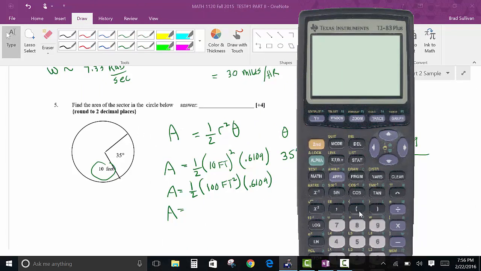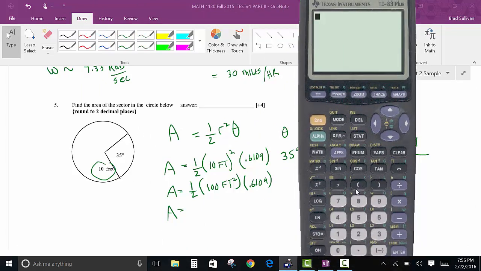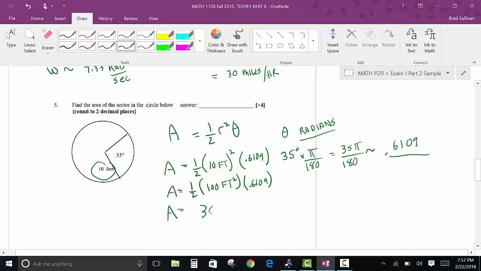You could use 0.5, or you could go parentheses 1 divided by 2, and then times 100, and then times 0.6109. That'll give about 30.55. The problem said round to 2 decimal places, so that's 30.55. We get 30.55 square feet.